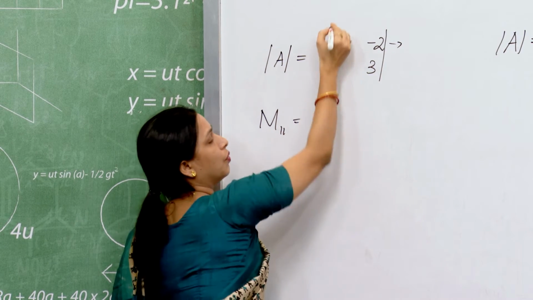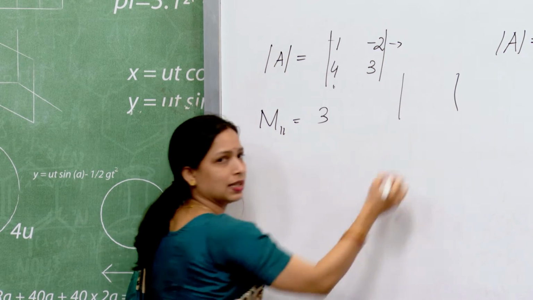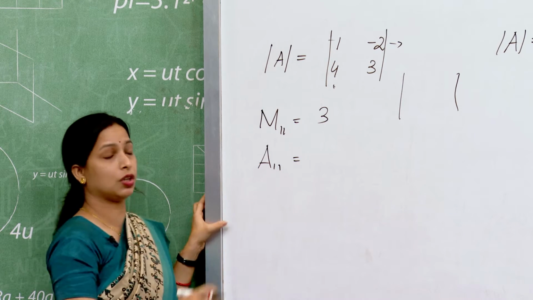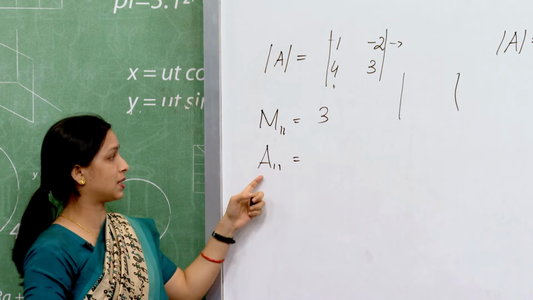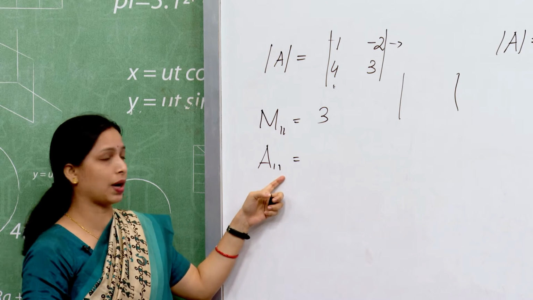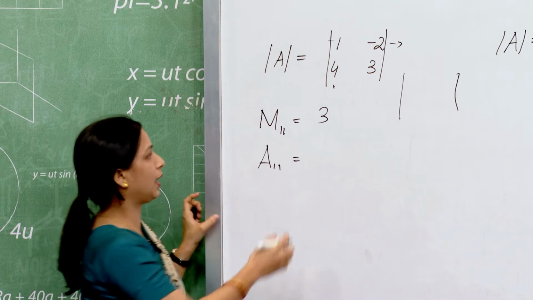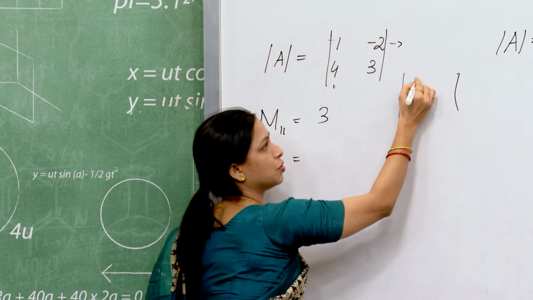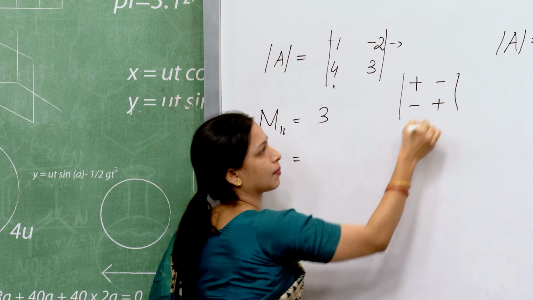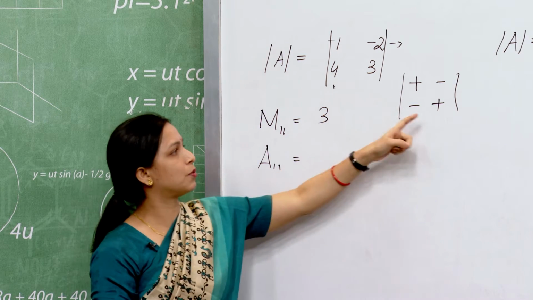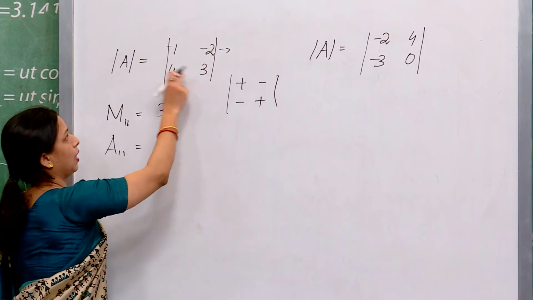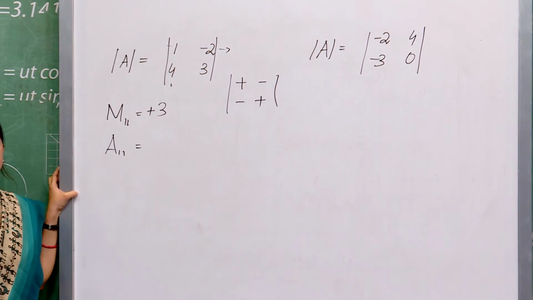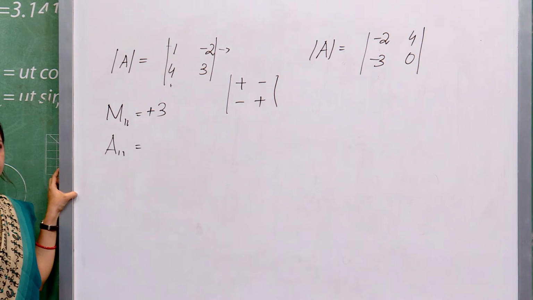Now, we have to use the signs, because if we have to find out the cofactor of A11, that is represented as capital A11, this is the cofactor, right. So, what sign will we use? We have to remember the positional signs, right. So, what is the position of A11? Plus. So, it will be plus, right.